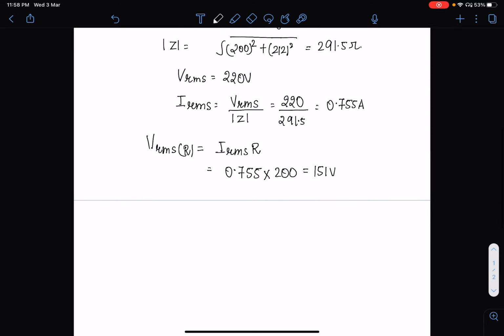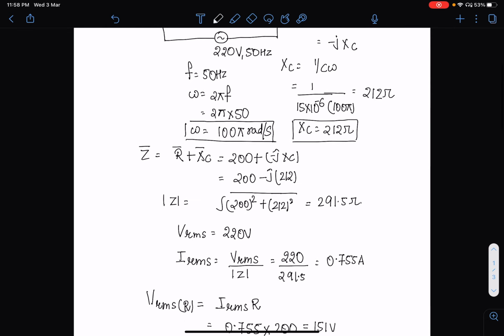Now we'll calculate VRMS across the capacitor, and that can be written as IRMS into capacitive reactance XC. So IRMS is 0.755 into capacitive reactance XC, which we also have calculated here.